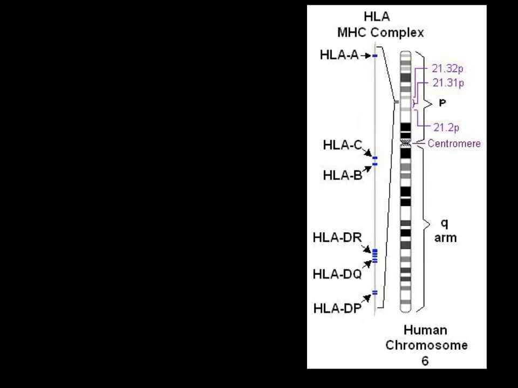Now earlier I said the inheritance of these HLA types represent a major example of multiple alleles, and I'm talking major here because, for example, take a look at this diagram on the screen. The number of different alleles that we humans have for HLA-A is 349.